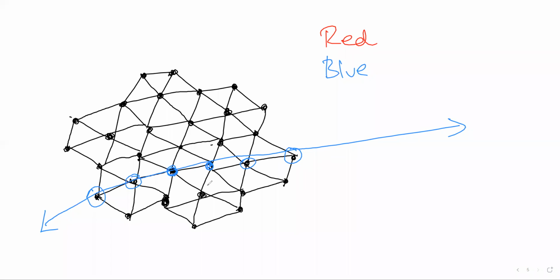So if we have, say, this point as red, then we can't make this one red or this one red. So the above two ones would be red, which means that this would have to become red. Similarly, we can go on saying that this one and this one would also have to be red.